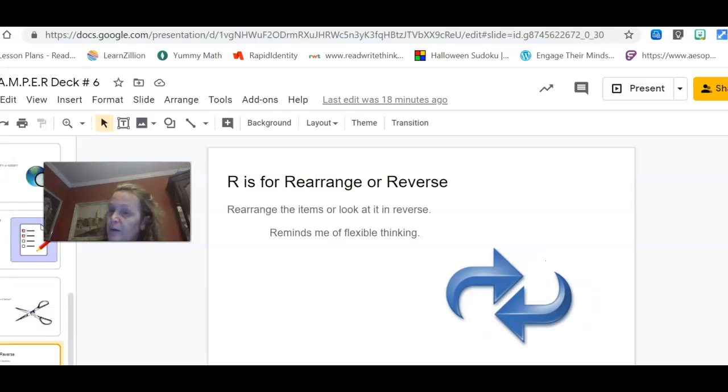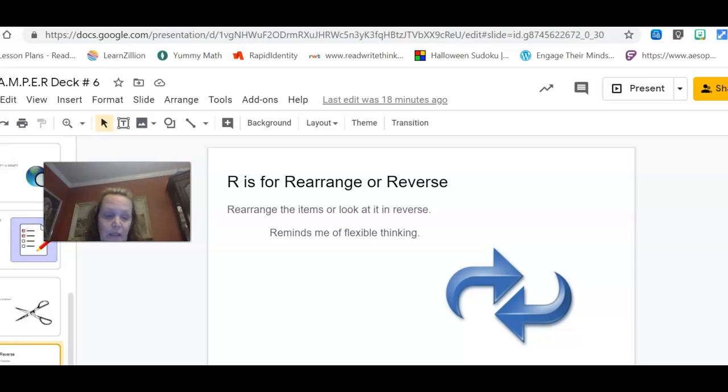R is for rearrange. Let's say you have something in your group that you want to use. Could you put it in order from biggest to smallest? How about smallest to biggest? So you can rearrange your items to look at it from a different direction, to be flexible about your thinking. So that is what R is for.